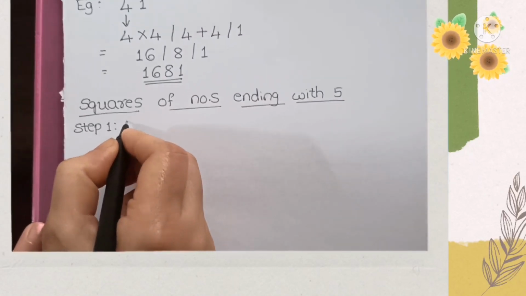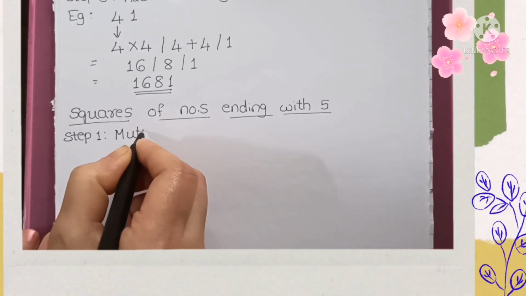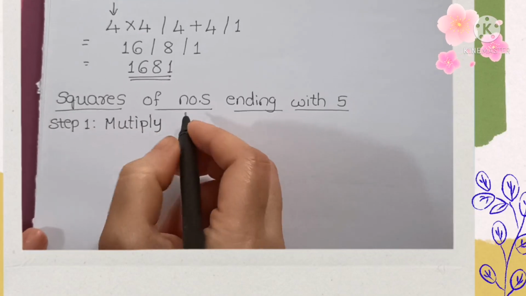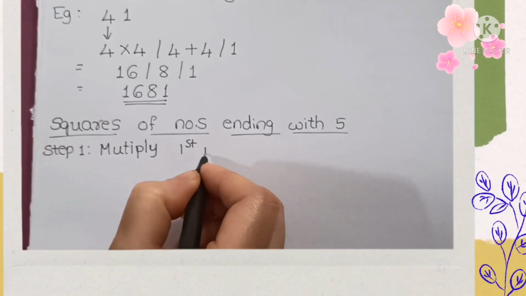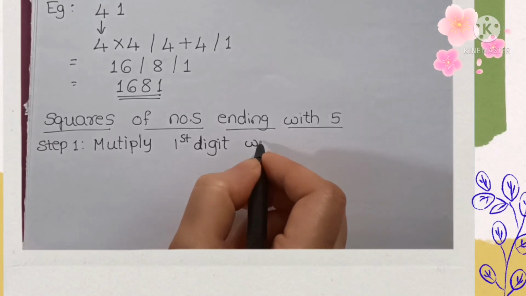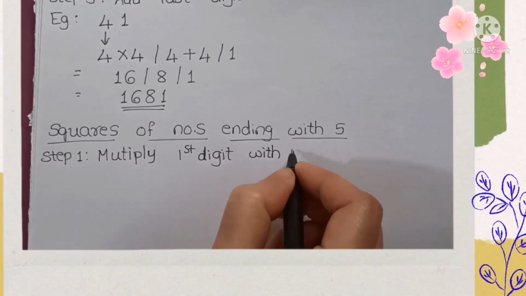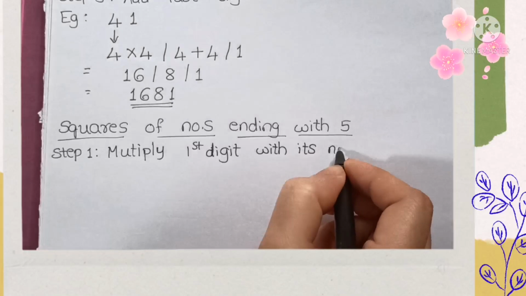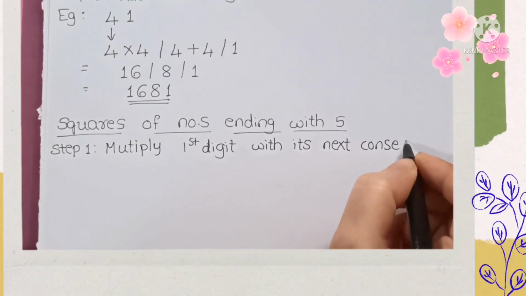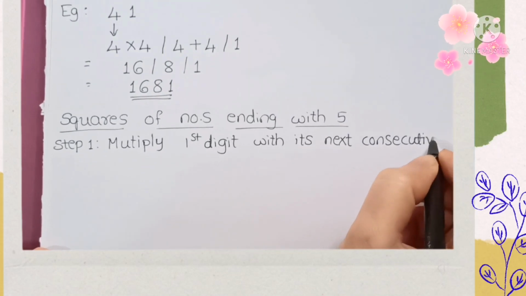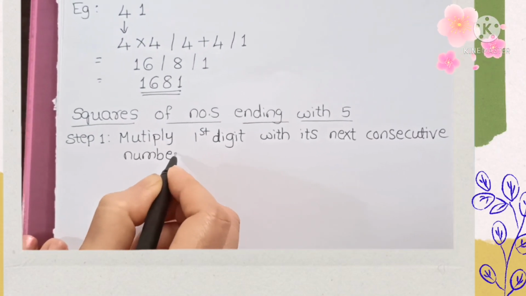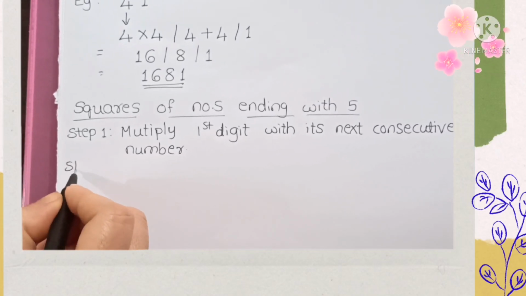In first step, we have to multiply the first digit of the number with its next consecutive number. For example, if our number is 45, so the first digit of the number is 4. So we have to multiply 4 and 5. Multiplying 4 and 5, we get the answer as 20.